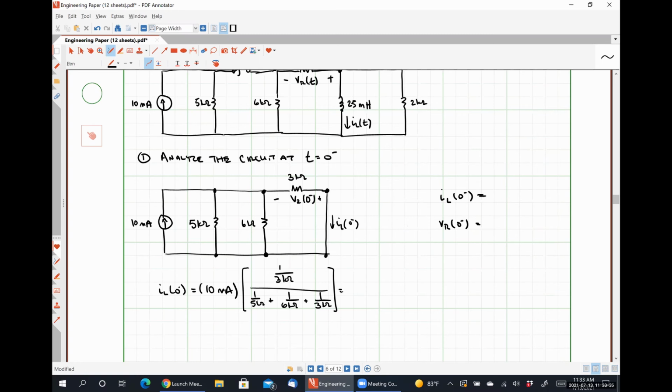And let me throw this into a calculator real quick. So I get 4.762 milliamps as my current IL at 0 minus.